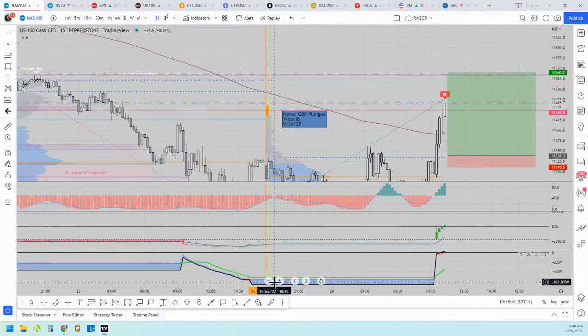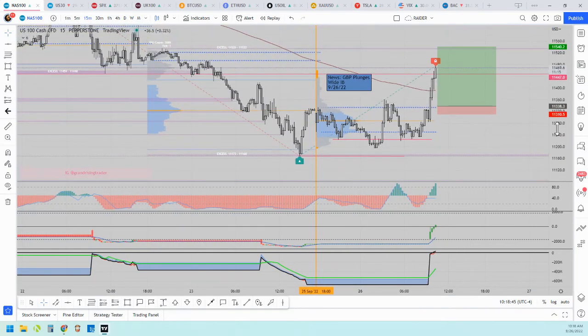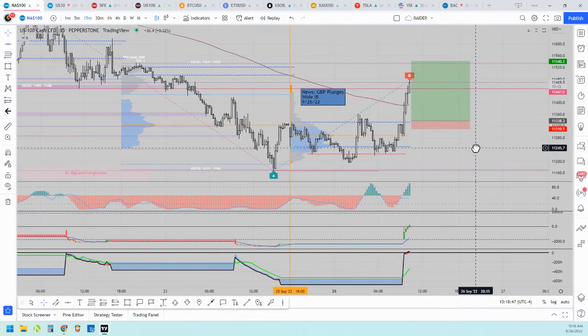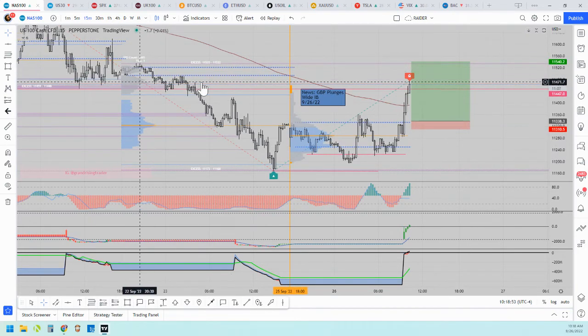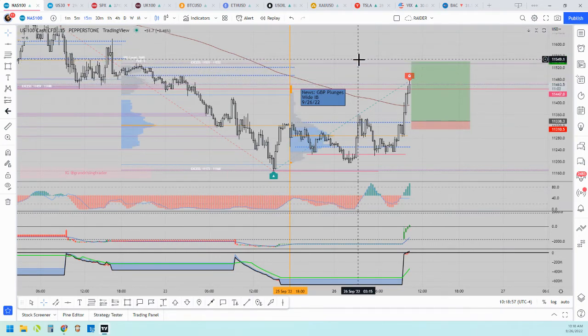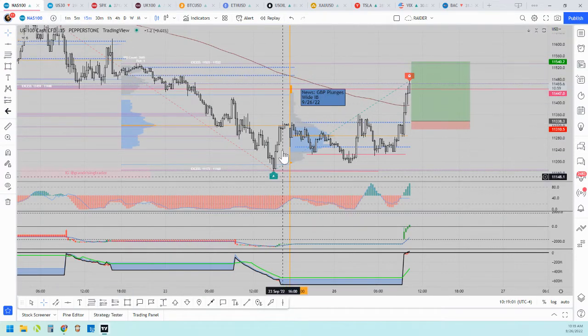That's awesome. I'm going to tell John about that: when the initial balance is outside of the value area, it creates an excess, a high probability of price going there. So we've got two examples.